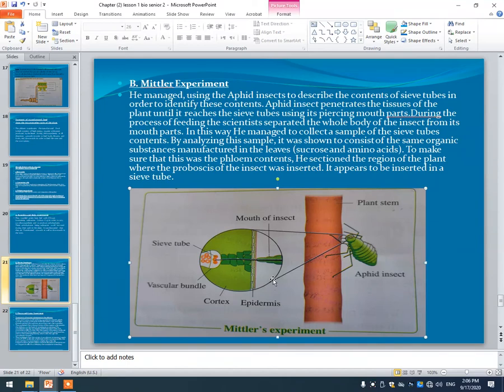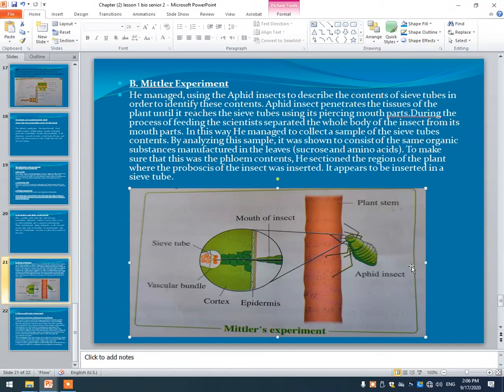The scientist separated the whole body of the insect from its mouth parts. In this way, he managed to collect a sample of sieve tube content.